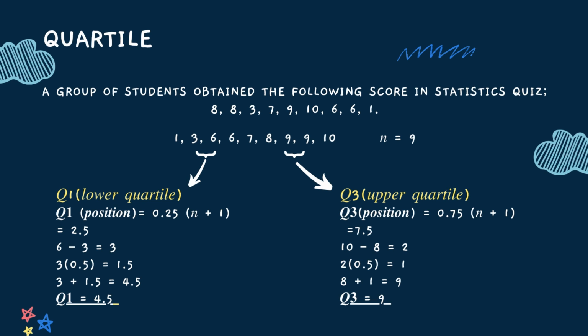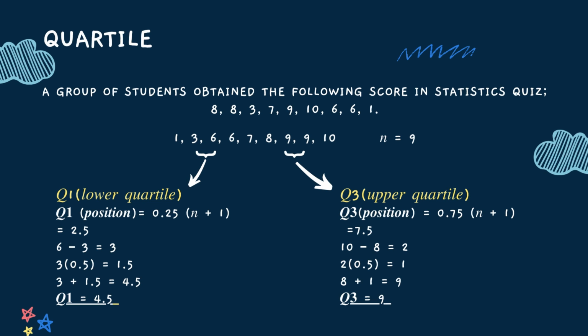So what we're just going to do is subtract the 6 and 3. So 6 and 3 altogether, we will be subtracting it. The result is 3. So 3 is what we're going to multiply by 0.5, since that is the decimal here, and as the rules have informed earlier, there will be 1.5.